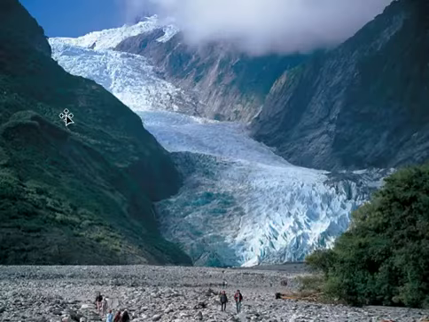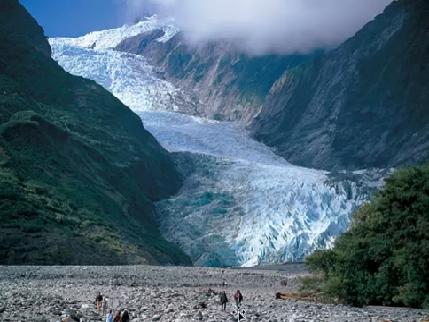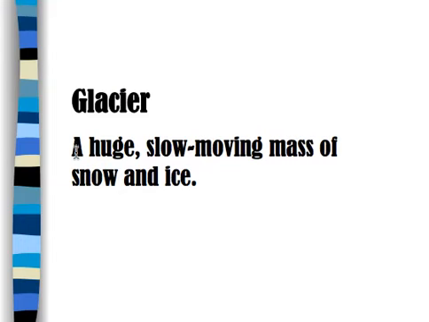A glacier is a huge, notice the size of it compared to the little humans, they're itty bitty, slow-moving mass of snow and ice. A huge, slow-moving mass of snow and ice. And you can just highlight mass of snow, ice. Next.